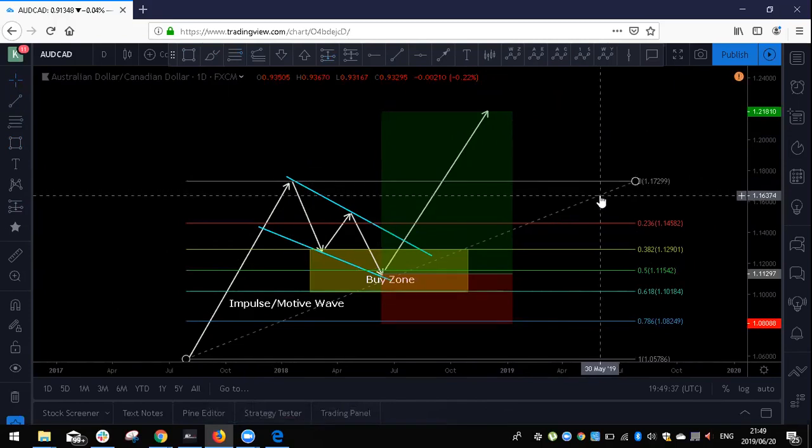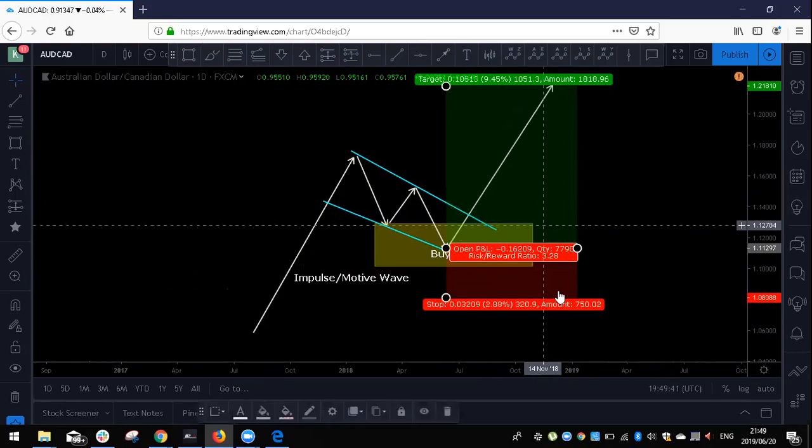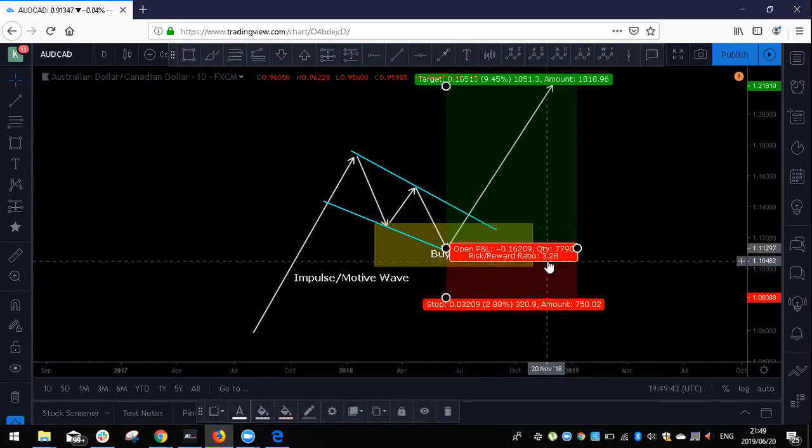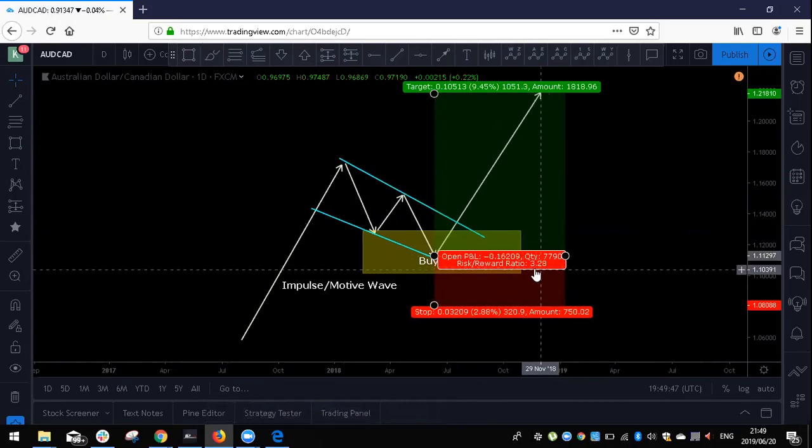Okay, so I have my trade like this. You see the risk reward is still good. It's 3.28, and my minimum risk reward is 2.5. If it's less than 2.5, it's usually not worth my time.